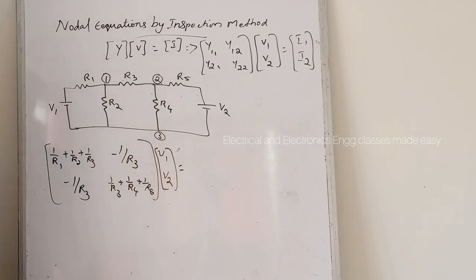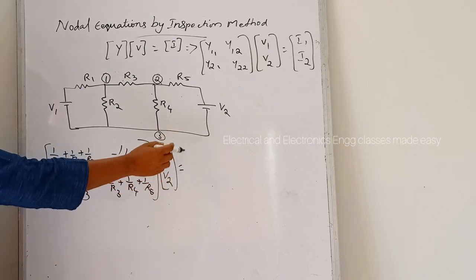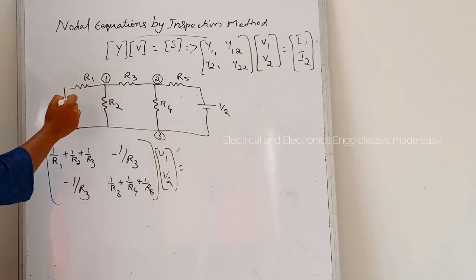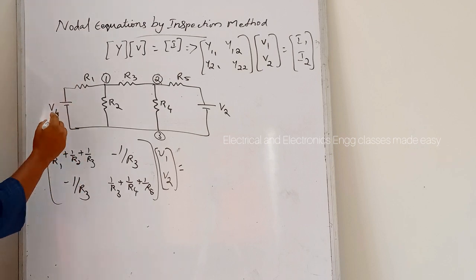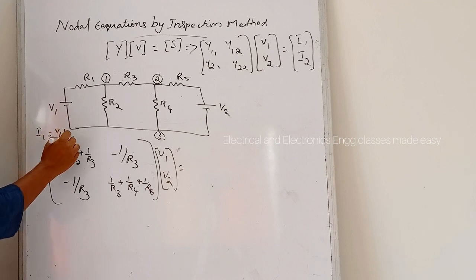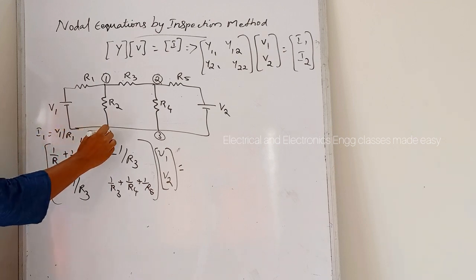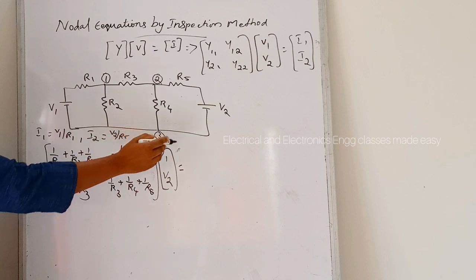Then the current matrix is I1, I2, and here we have to convert the voltage sources into current sources. So I1 is equal to V1 divided by R1 and I2 is equal to V2 divided by R5.